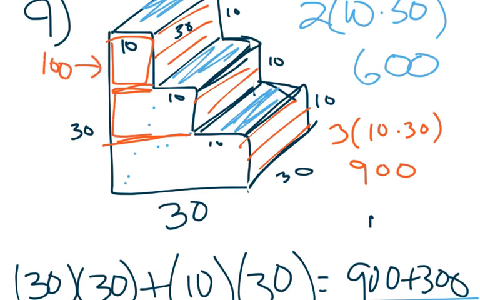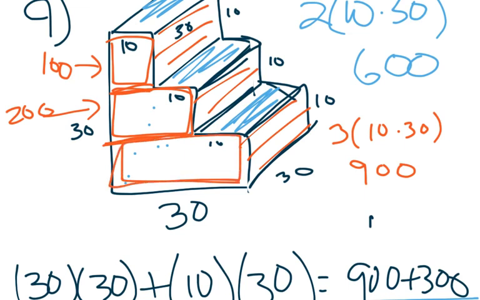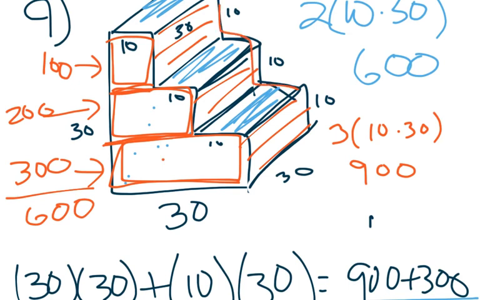The second one over here is 10 by 20, so that's 200. And this last one over here is 10 by 30, so that is 300. So 100 plus 200 plus 300 is 600, and there's one of these on the other side of this shape, so that is 600 times 2, and that is 1200.